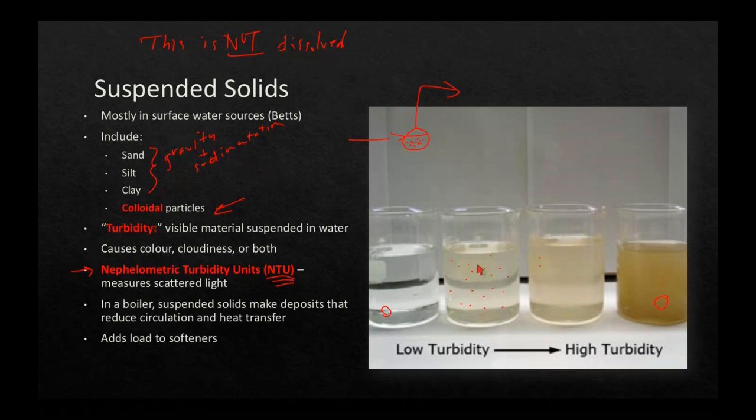But colloidal particles have little charges, and I don't know exactly what the charge is. I'm going to put little plus signs on them. And here's the thing, they all have the same charge. It might be a negative charge. I really don't know, but I'm just making this up right now.